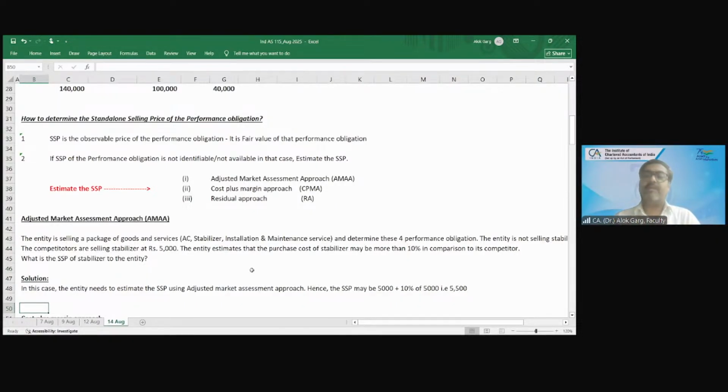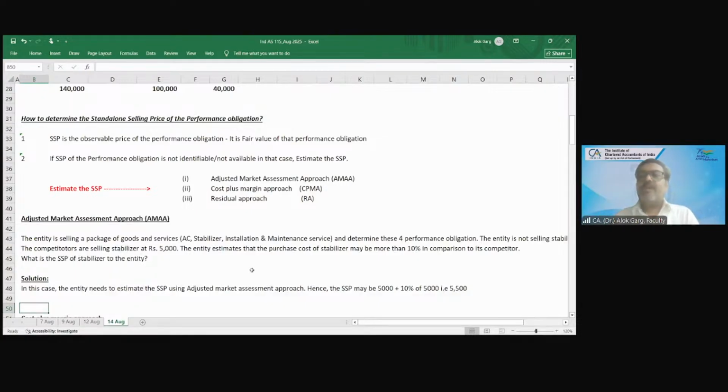of a performance obligation. Let's say you are not selling some goods and services as individual goods and services. You are always selling some goods along with the installation service.